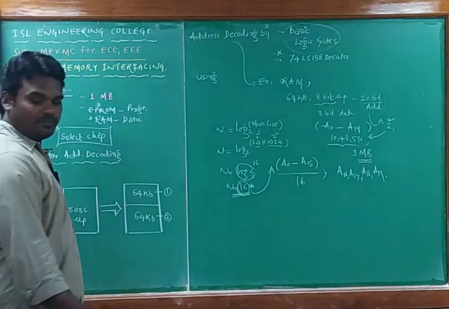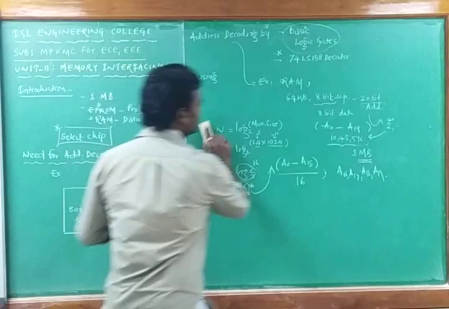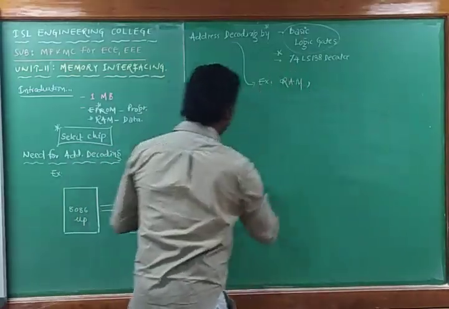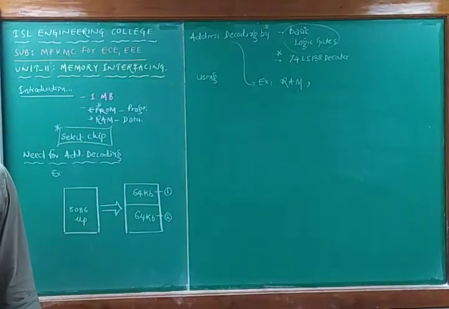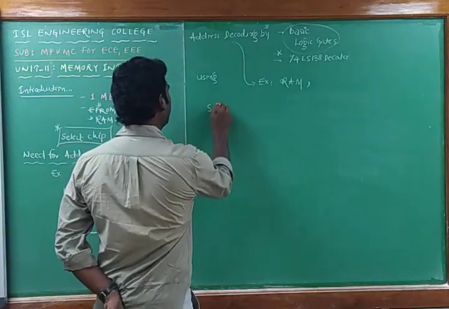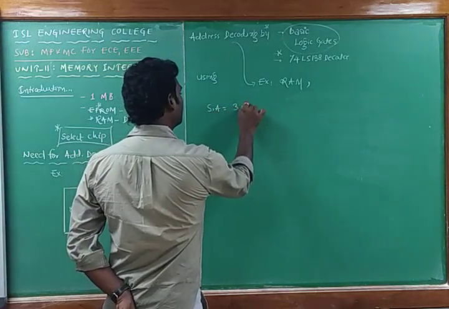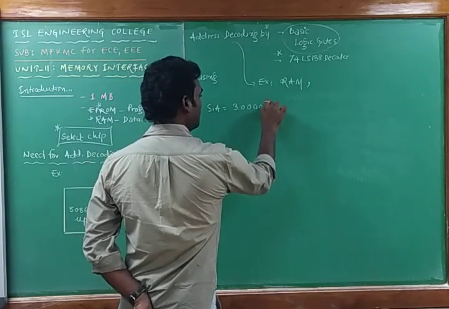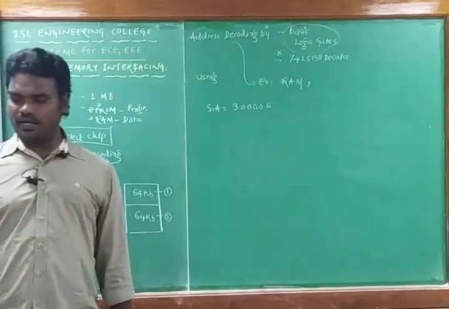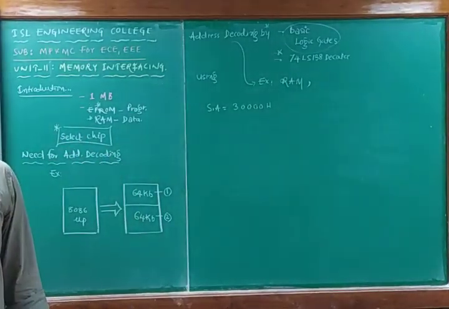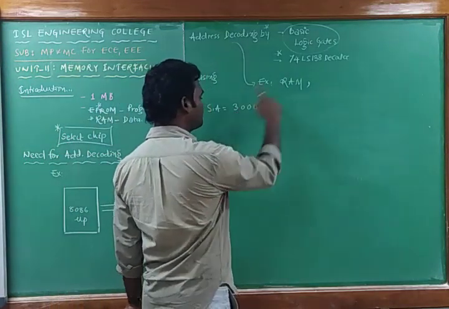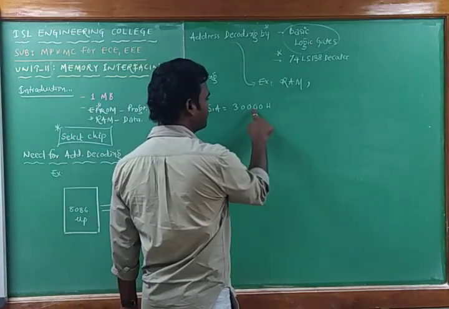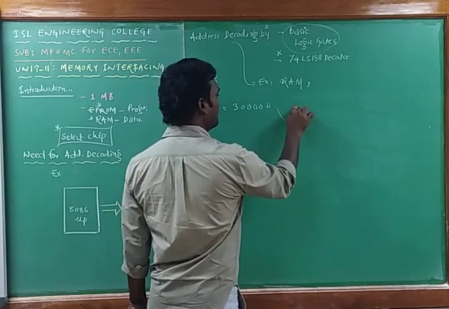The starting address, denoted SA, is 30000H for the 20-bit address. Next, the ending address of the device. The starting address of the 64 kilobyte is 30000H, and what will be the ending address?